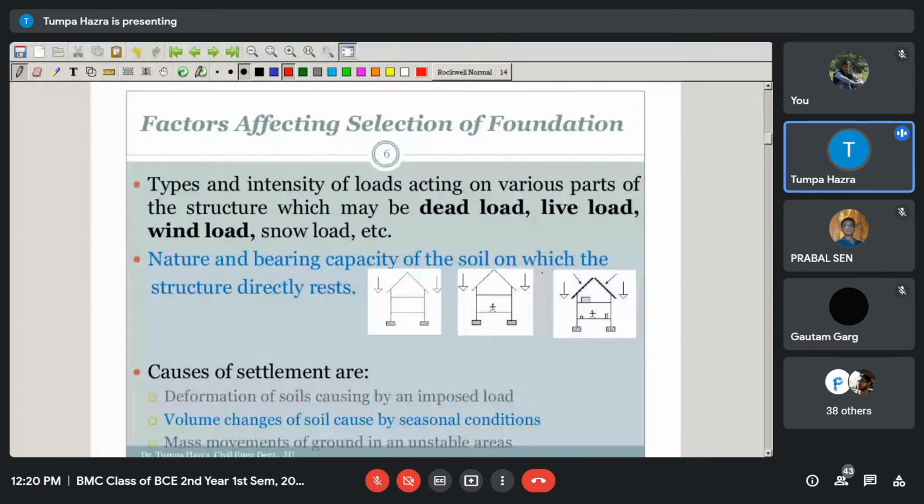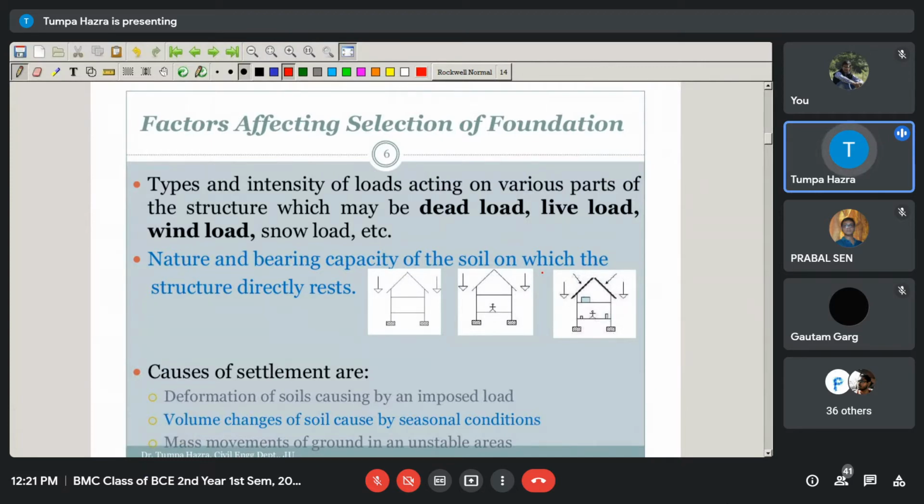So if some problem is created, it will not be observed by the naked eye until it causes any sign in the superstructure. And if it causes signs in the superstructure like cracking of doors, windows, walls or lintels, then it is too late to be prevented.